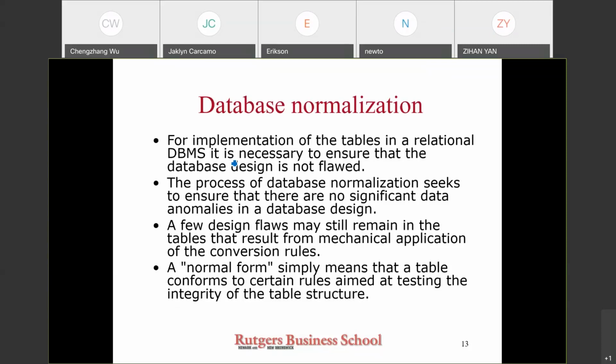So far in this chapter, we have discussed the process of converting a logical data model to a physical model suited for implementation of a particular DBMS. In particular, the conversion rules are aimed at converting an ER diagram into tables for implementation in a relational DBMS.